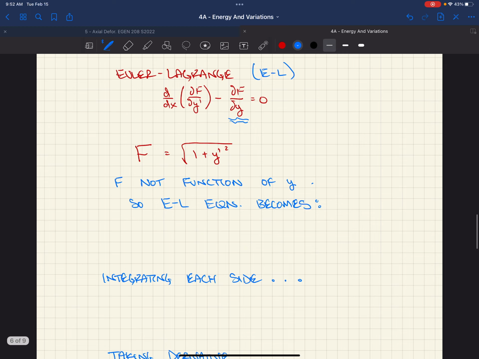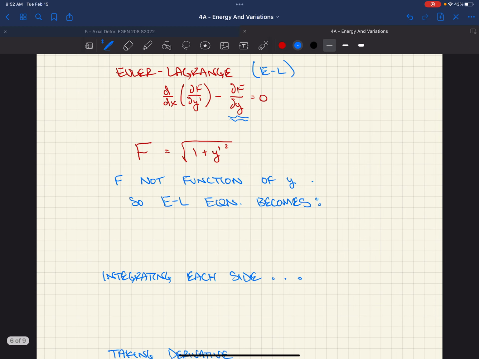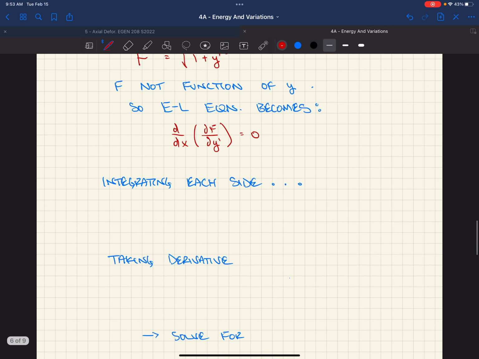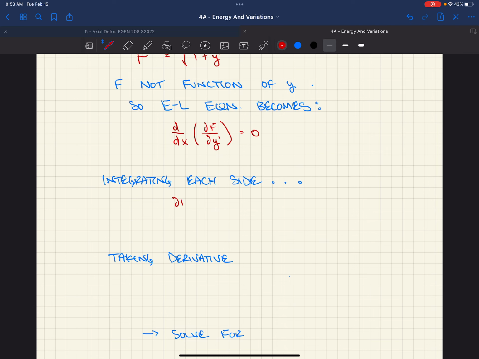So that goes away. So we just have now our d dx of the partial of f with respect to y bar, which is our derivative, equals 0. Well, if we integrate each side, we need to get rid of that d dx. We're going to integrate each side. I'm going to say now the partial of f with respect to the derivative of y.